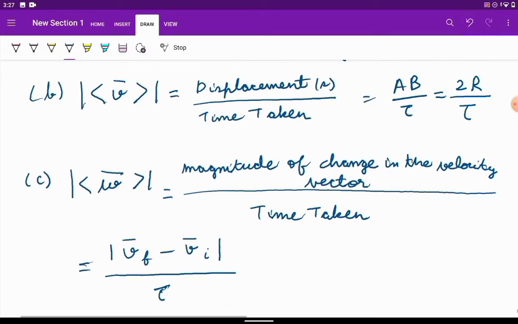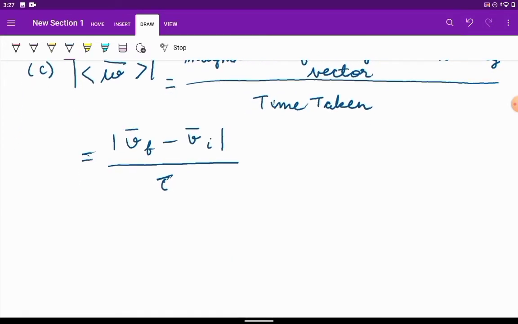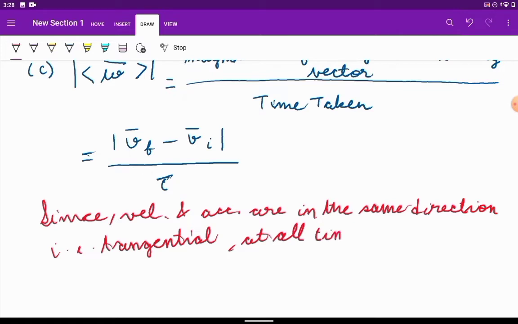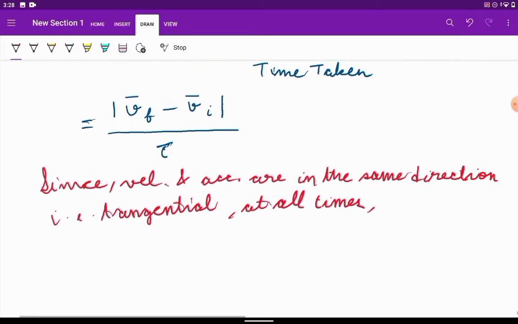Since velocity and acceleration are in the same direction, that is tangential at all times, we can apply this equation.